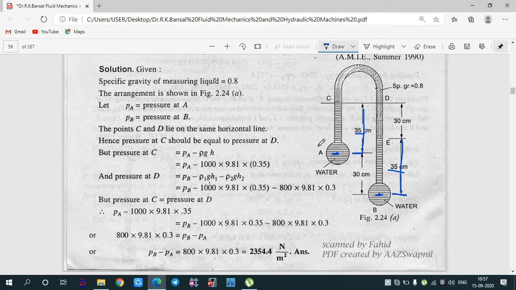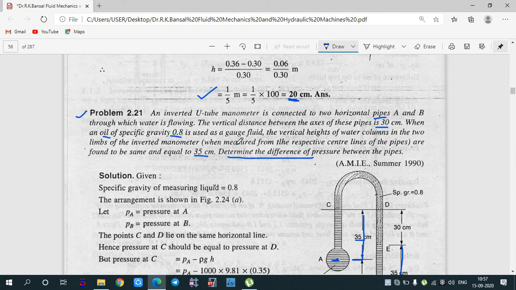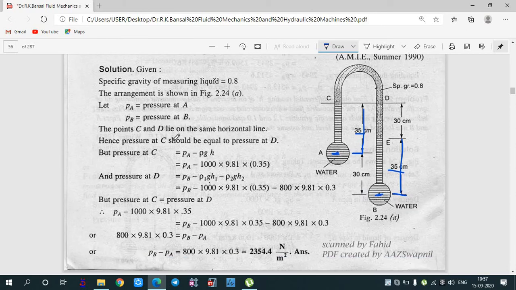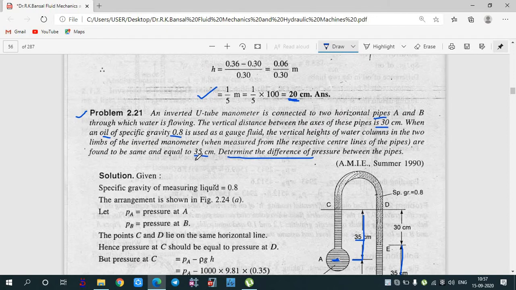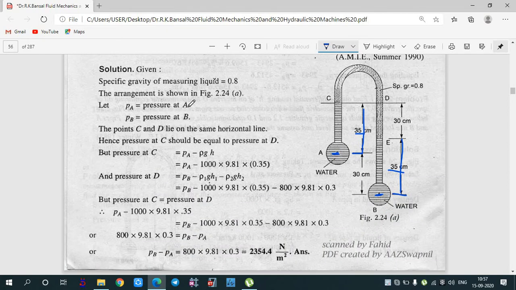That will be PB minus PA or PA minus PB, whichever pipe is having higher pressure. Okay, so we will apply the same thing. The pressure which has been created in A is given as PA, the pressure in B is given as PB.